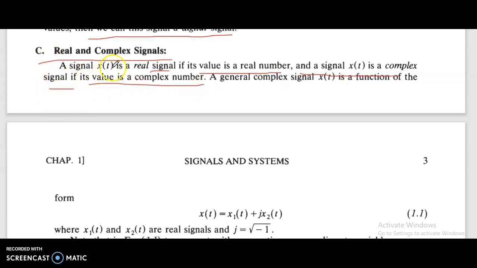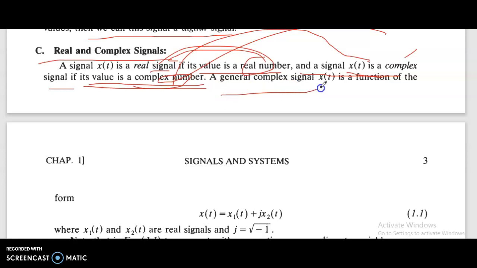Complex number, complex signal. Real number, real signal.